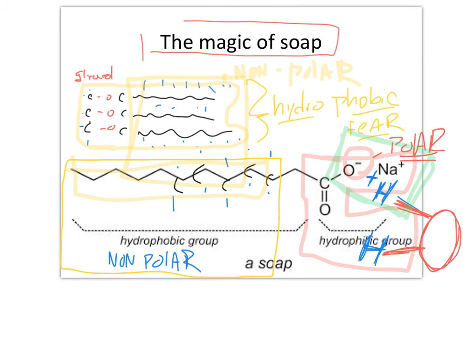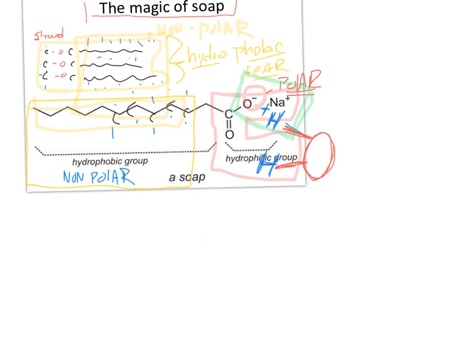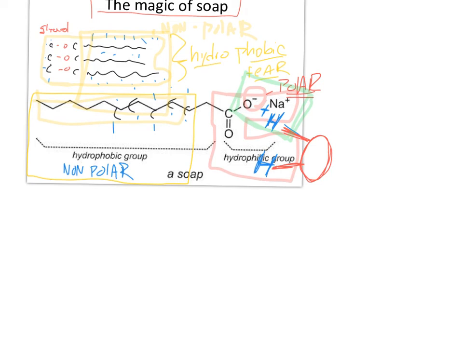And so what happens with soap is, and I'm running out of space here a little bit. Let's move this over, and I'll draw it right over here. What happens with soap is you're going to have, let's pretend we have a pan.